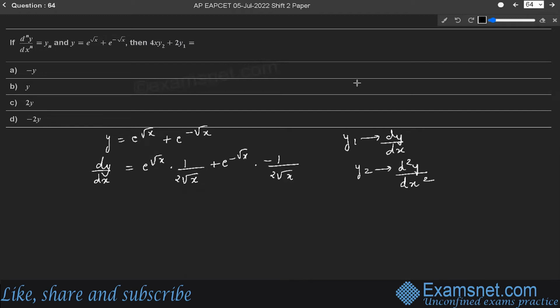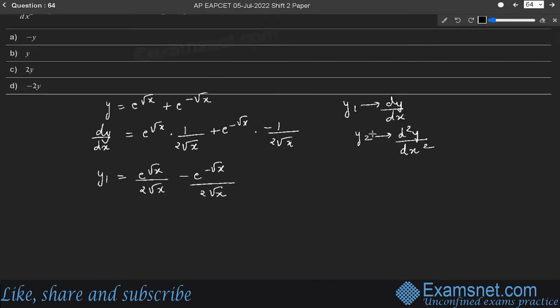So here dy by dx will be equals to y1 and it will be e to the power root x divided by 2 root x minus e to the power minus root x divided by 2 into under root of x. First we can write it as y1 is equal to e to the power root x minus e to the power minus root x divided by 2 root x.